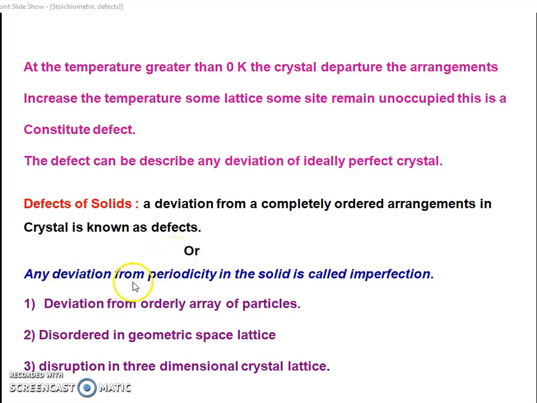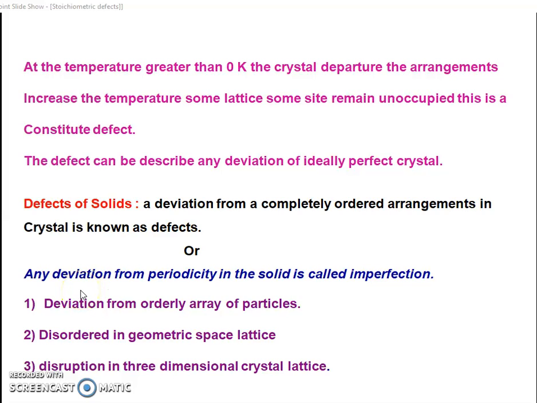Any deviation from periodicity in solids is called an imperfection. This means any solid crystal having such deviations is not completely ordered layer by layer in its arrangement, which is called a defect.